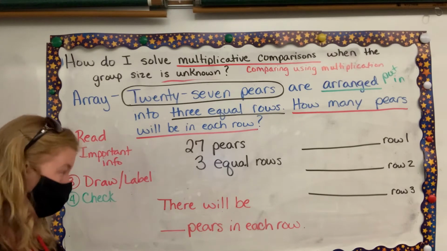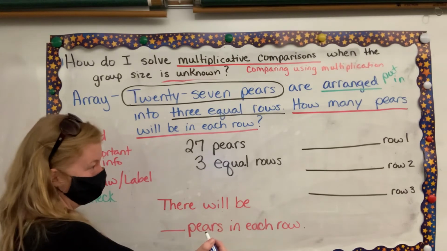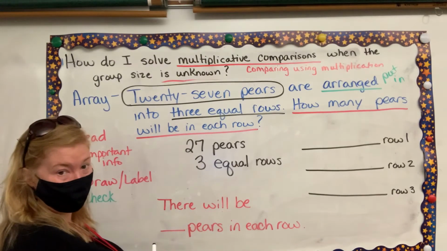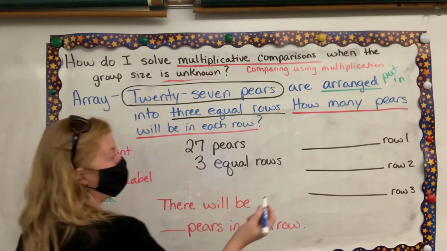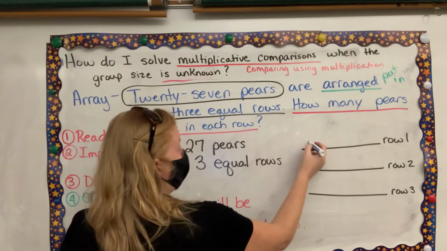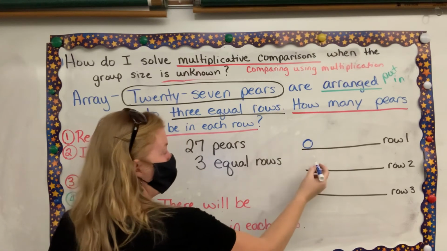Aiden. You can just draw little lines and then you can count by threes. You can count by threes, but I'm actually going to place them on my rows. So I'm going to arrange them on my rows.